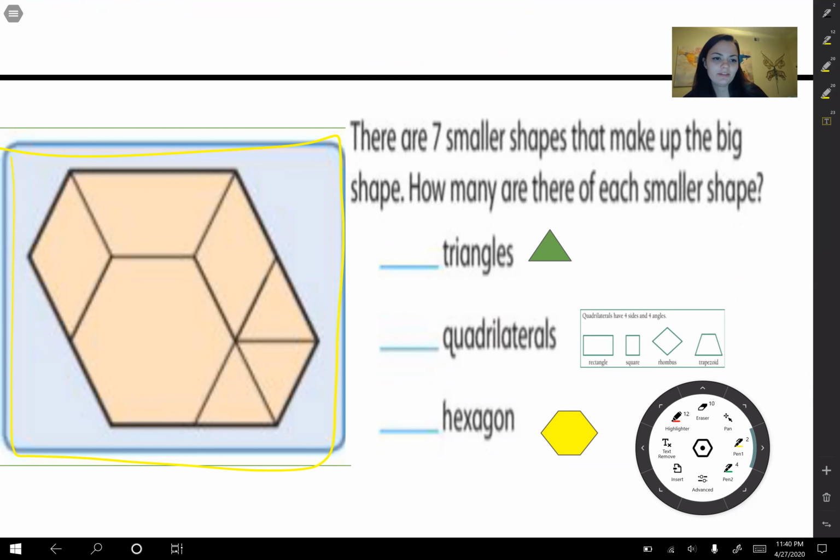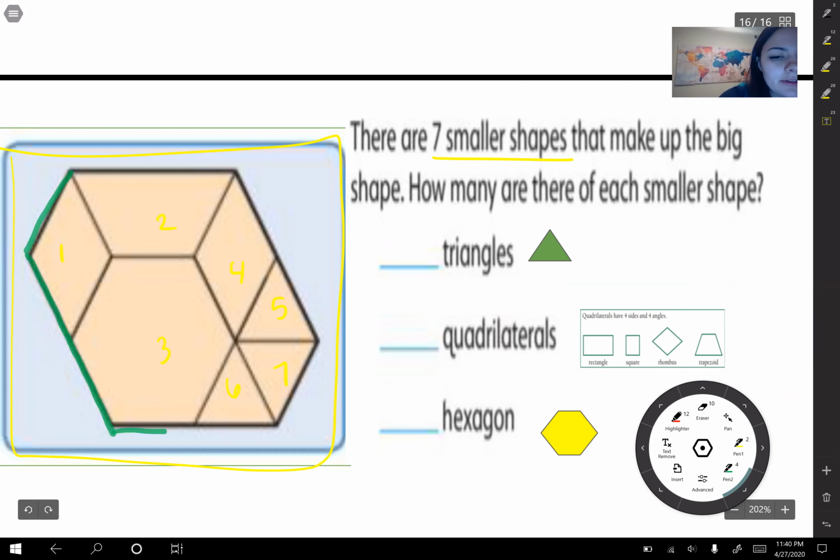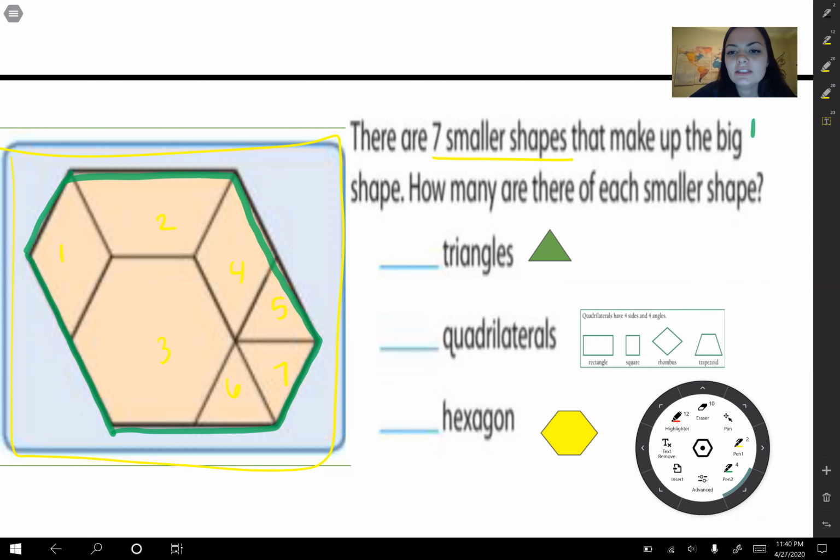Let's make sure there are 7 so that you understand what's happening here. 1, 2, 3, 4, 5, 6, 7 smaller shapes, and then the bigger shape is the whole one that's inside there. Okay, one big shape.